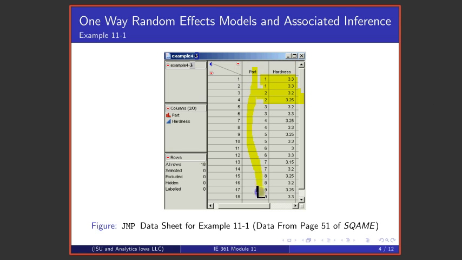There are in this data set 9 different parts, a total of 18 different measurements. It's important for how at least this software interprets this data sheet to notice that part has been set as a categorical variable. Hardness has been set as a measured variable.